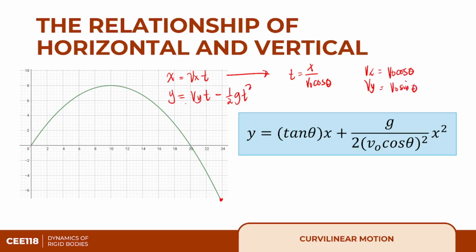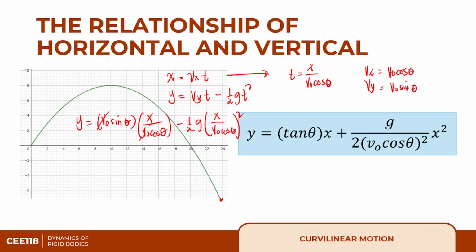Okay? So with that, from here we have y is equivalent to yung v_y, again that is v_0 sine theta. And then we have time, which is equivalent to x over v_0 cosine theta, minus, okay, minus 1/2 g yung time x over v_0 cosine theta square.